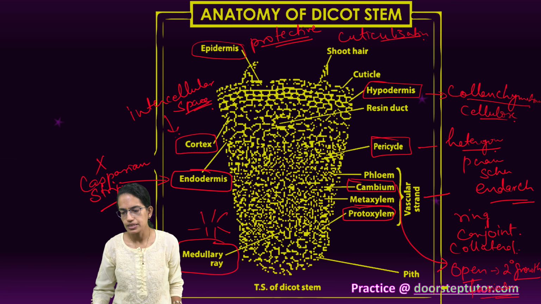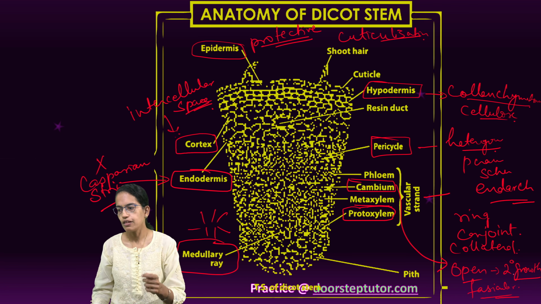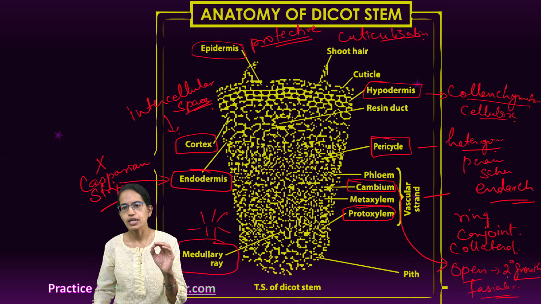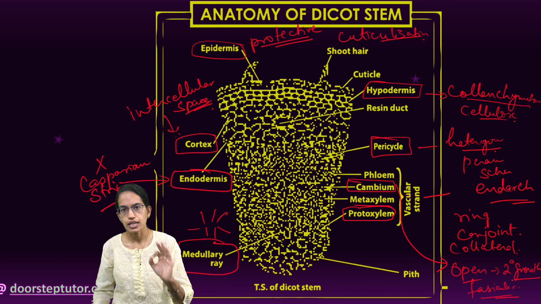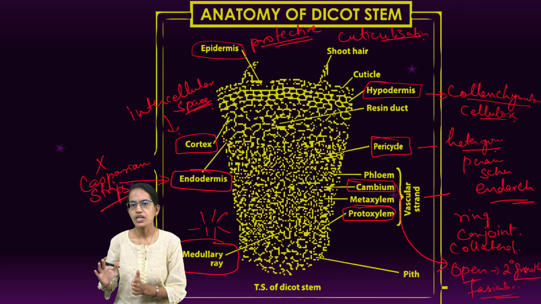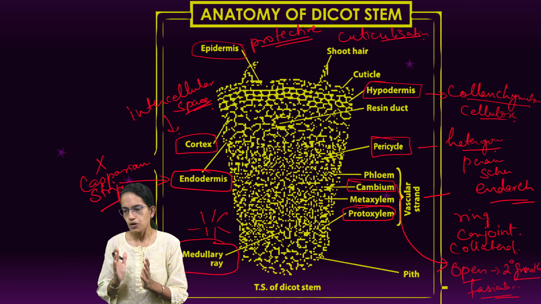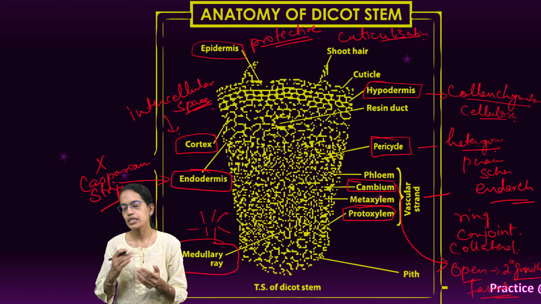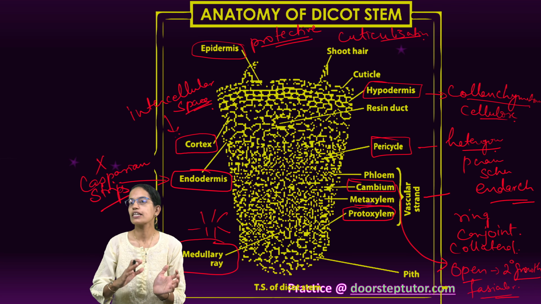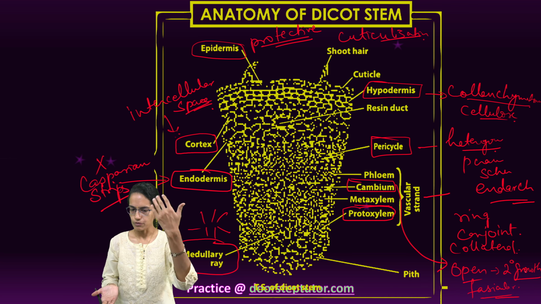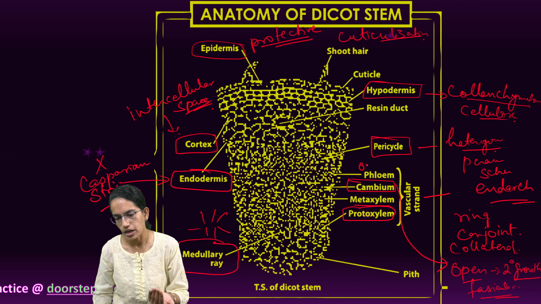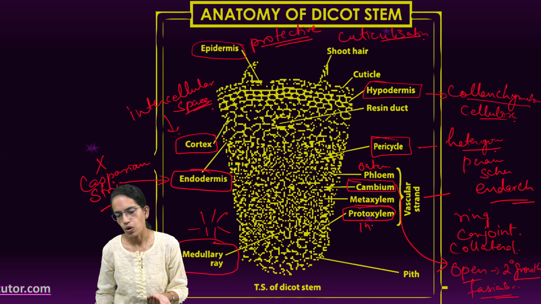Now these cambial cells are responsible for active division, and along with the cambium there are certain medullary ray cells which also become an integral part of the interfascicular cambium. Together, the intrafascicular and interfascicular cambium form the ring of cambium, which gives rise to secondary phloem on the outer side and secondary xylem on the inner side. So phloem on the outer side and xylem on the inner side.